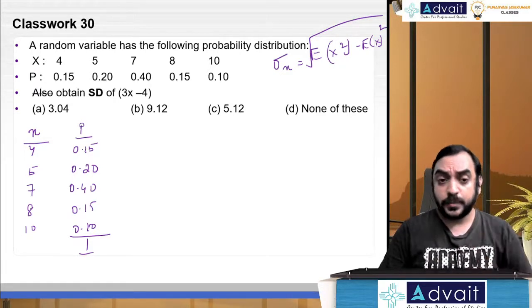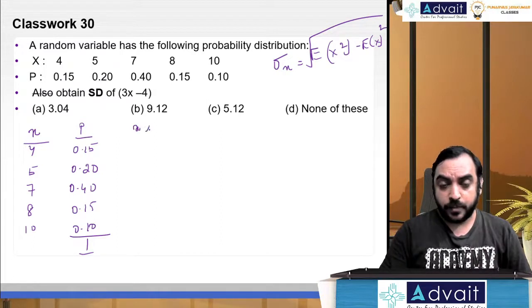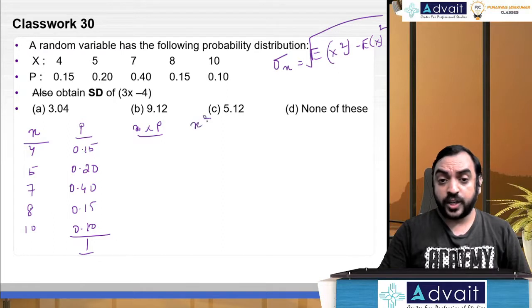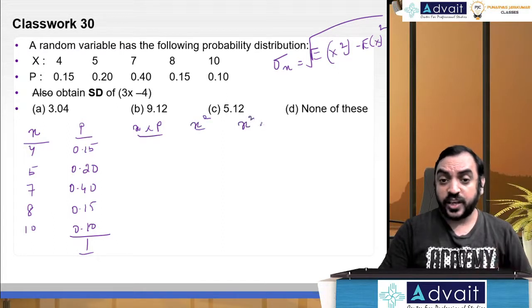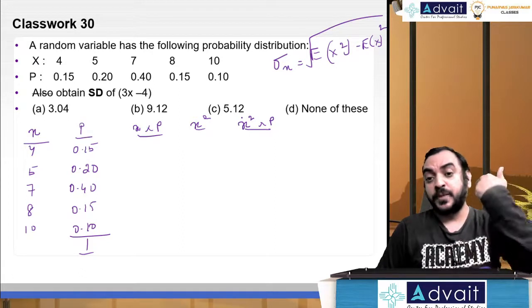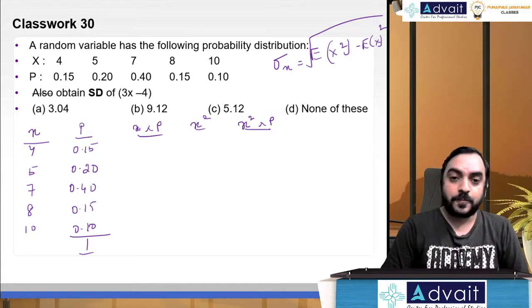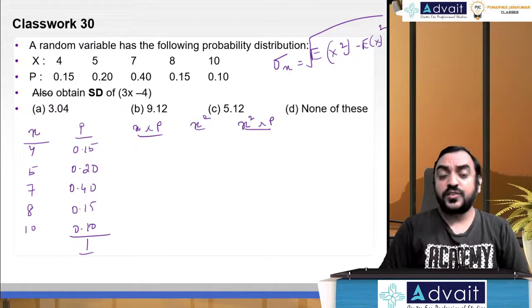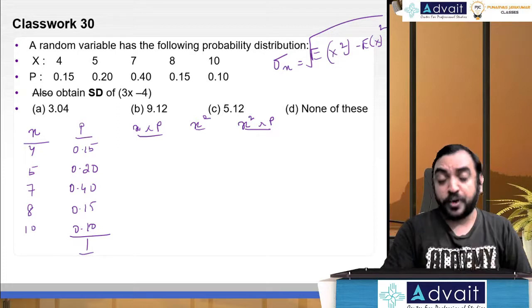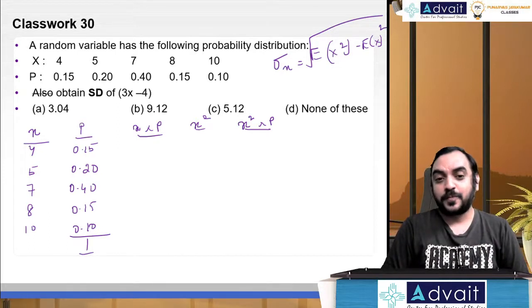E of x means x multiplied by p. For E of x squared, I am going to need an x squared column and then the x squared column multiplied by p. This will give me E of x squared, the expected value of x squared. In fact, you can do this without writing it, directly in the calculator, with the help of M plus.